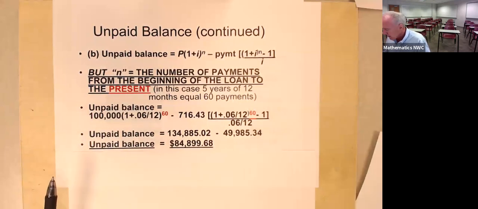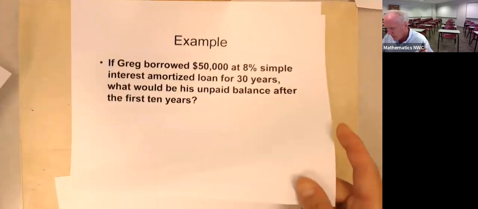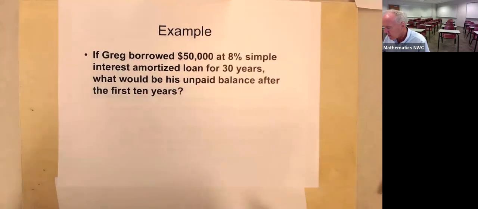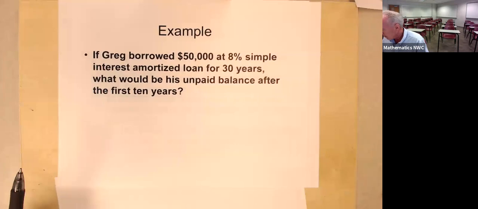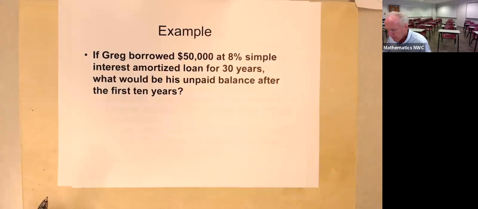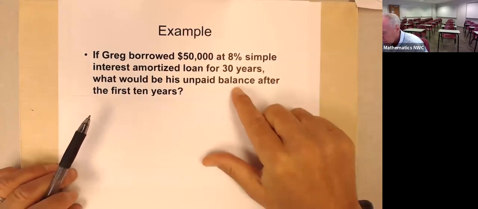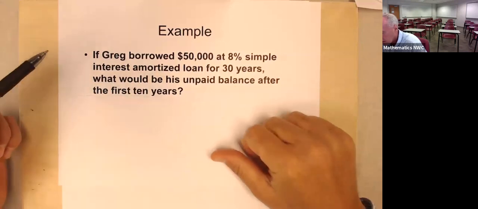Okay, let's try this problem one more time from the very beginning. I'm going to let you read that a moment. You would be expected to be able to find an unpaid balance after a certain amount of years.